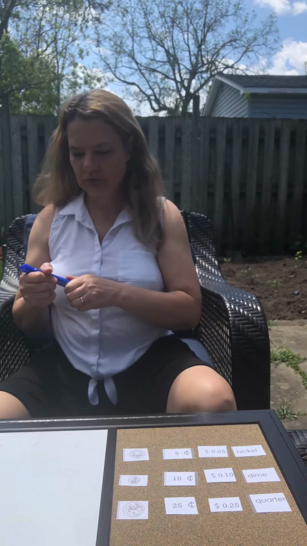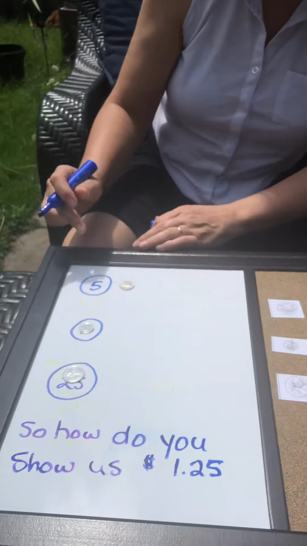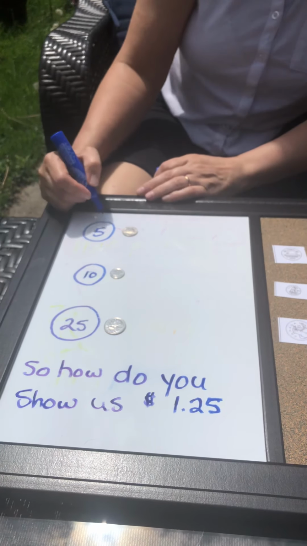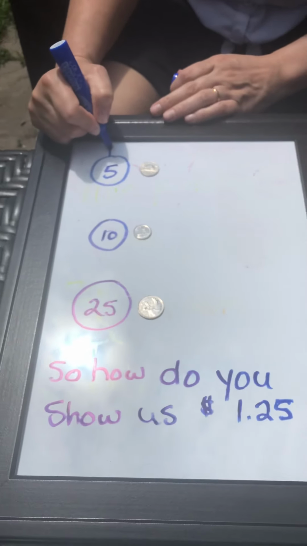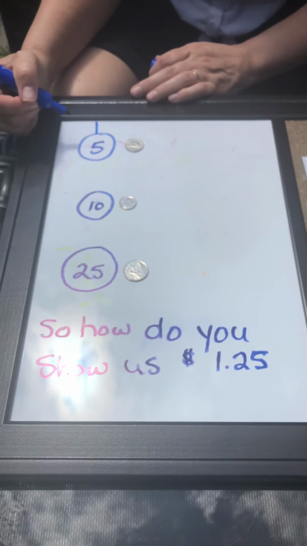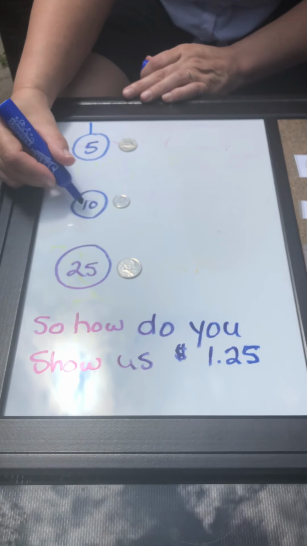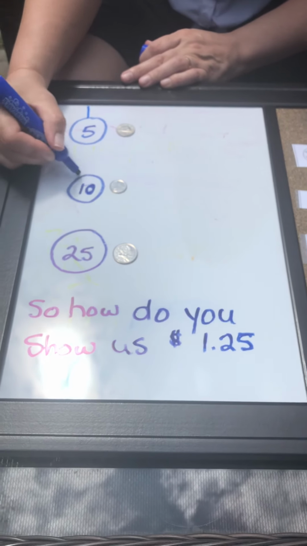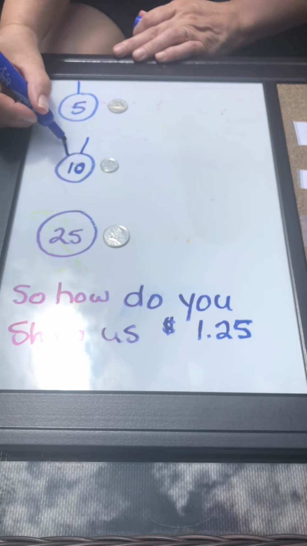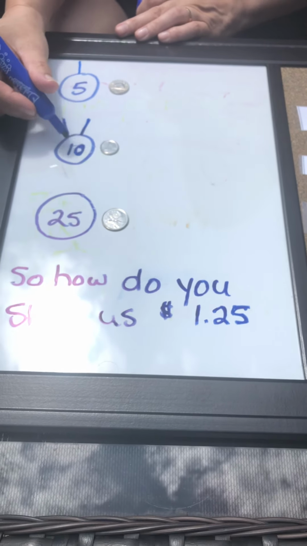I'm going to show you how to easily count the 5 cents. On this 5 cents, I'm going to move it here, move the 10 here and 25 here. I use one piece of hair for representing 5 cents. For 10 cents, I would use 2 hairs because 5 plus 5 equals 10.